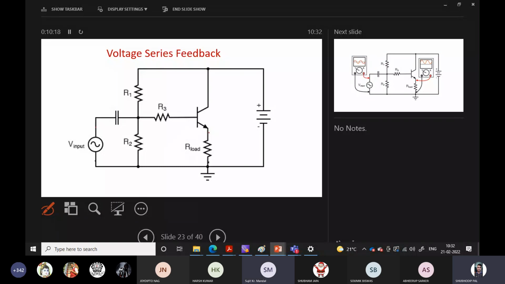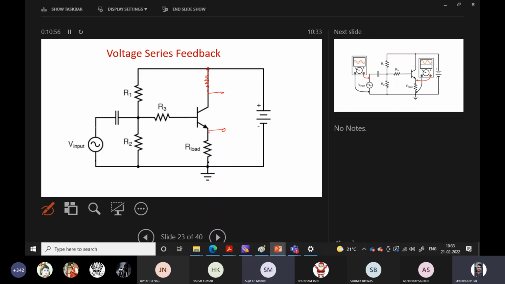The collector is connected directly to VCC, and if we take the reference voltage with respect to this point, and we are taking the output voltage from the emitter, it's a common collector configuration. So remember, whenever the voltage is taken from the emitter terminal, it is a common collector configuration.